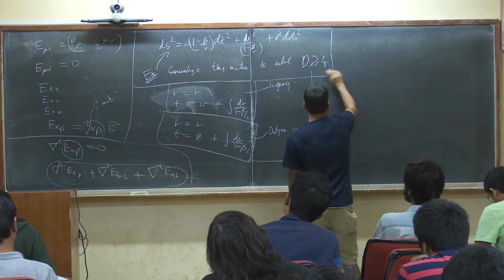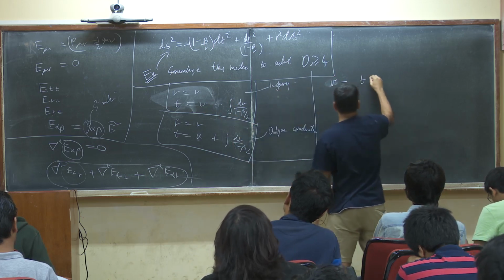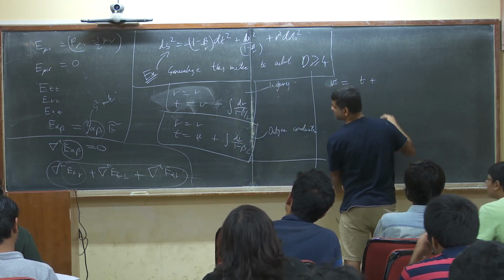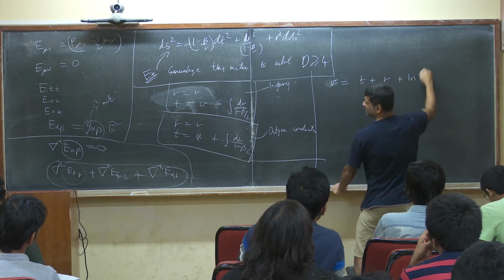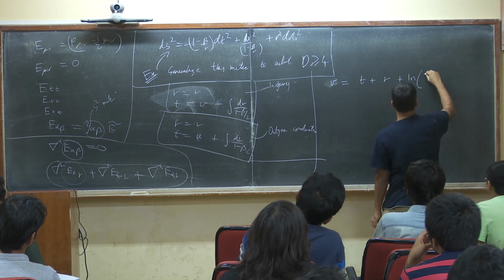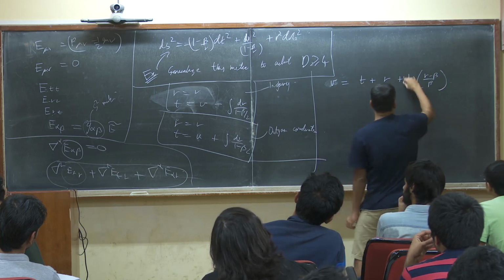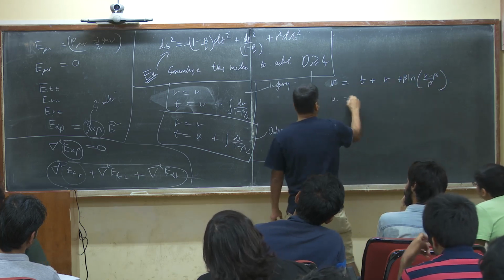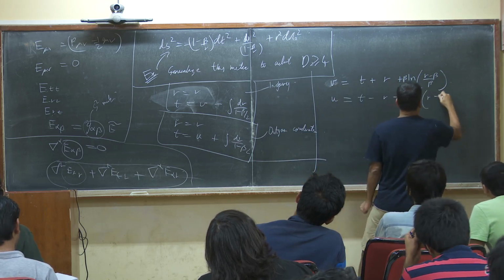Let's put that on the other side: v was equal to t plus r plus beta log of (r minus beta) by beta, and u was equal to t minus r minus beta log of (r minus beta) by beta.